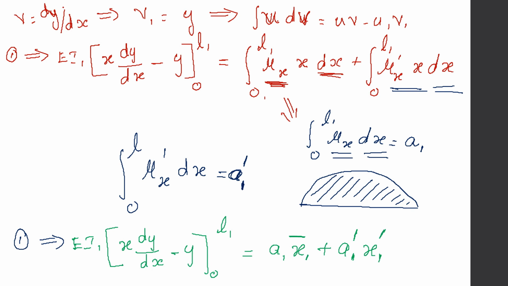See, this x1 bar is the distance of center of gravity of mu diagram in the span AB, and x1 dash is the distance of center of gravity of mu dash diagram in the span AB. So we will write that.